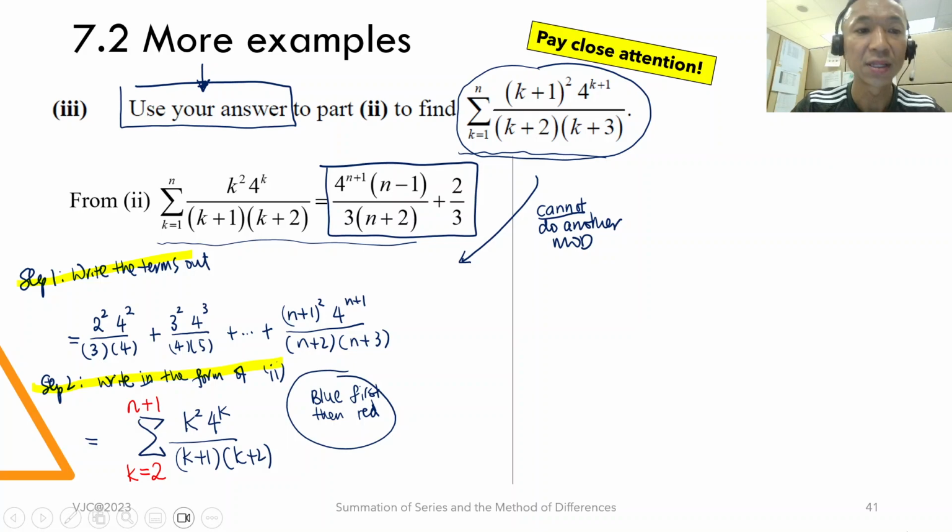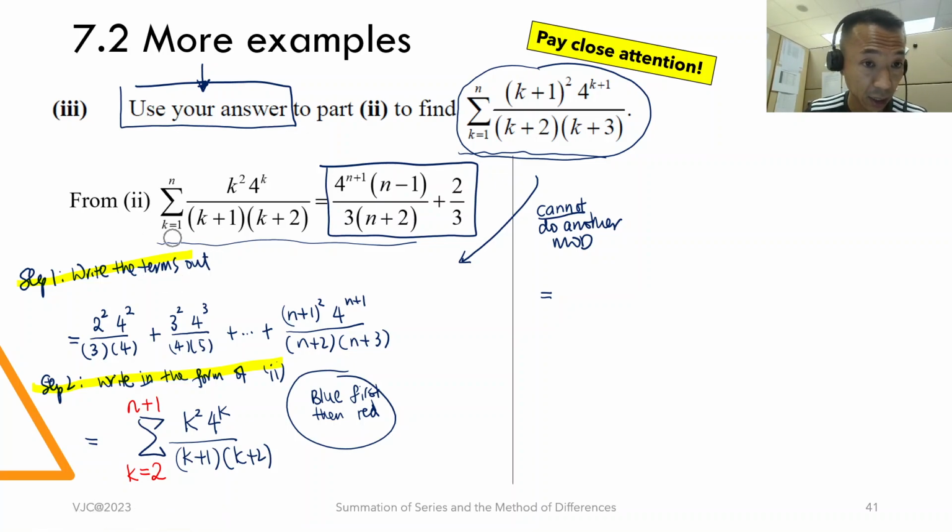Then that's it. Once you have gotten this, I think the answer is out. Why? Because if you know this is n, this equals this, I can change the n to y, then all the n change to y. But now the n is n plus 1. But we're not totally done yet because this is k equals 2 and this is k equals 1.